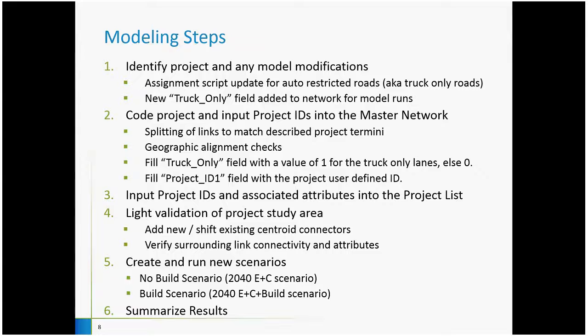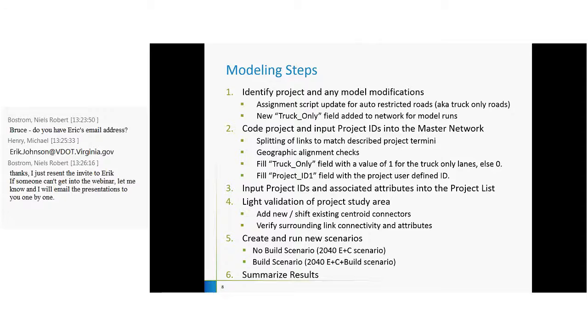The second step is to code the project and input project IDs into the master network. So that's coding the geography of the project, snapping nodes and making an appropriate alignment to meet the project description, and also filling in any necessary attributes.